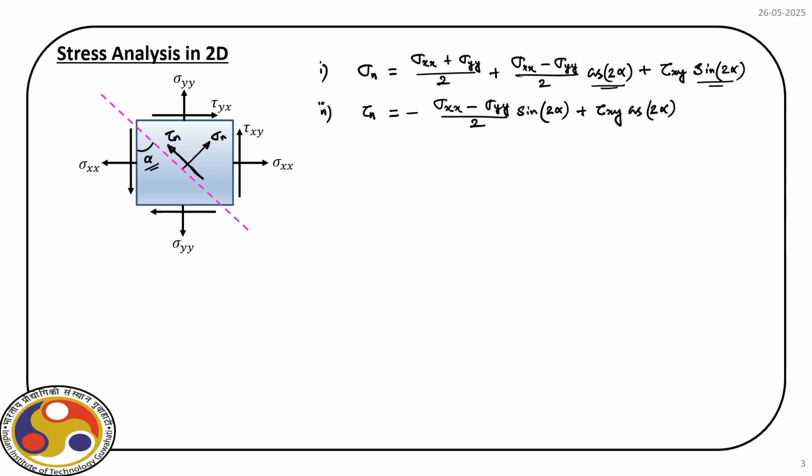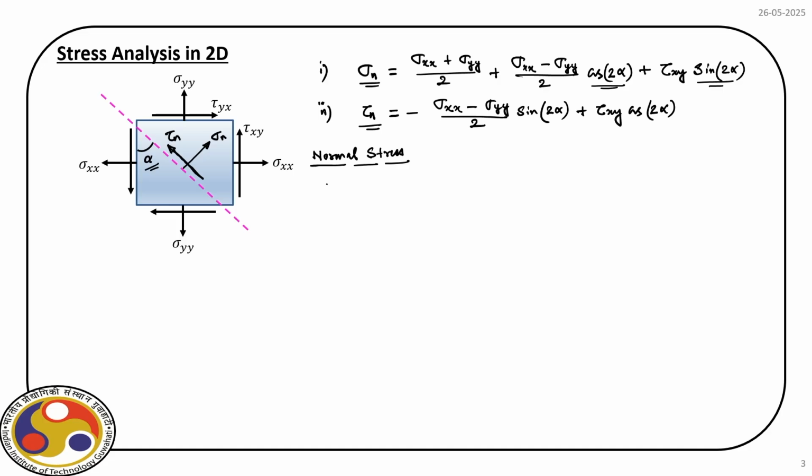So, the first question today we are going to answer is how to maximize this sigma n and tau n with respect to alpha. Let us take the first case, which is normal stress, and let us maximize.